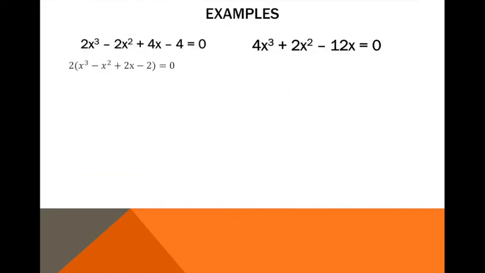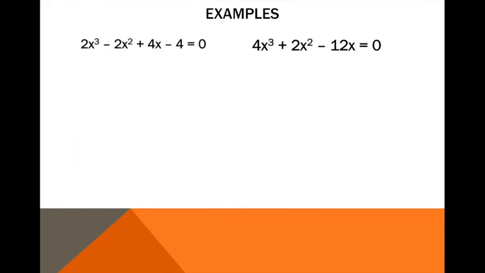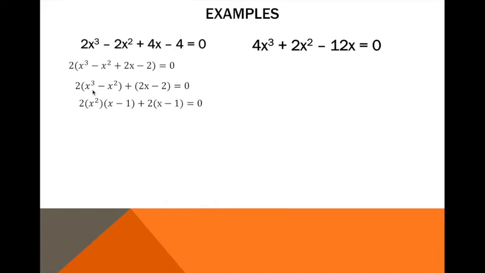Okay, so I can factor out a 2 from this equation. Then I can solve by grouping. So remember, we group the first two terms and the second two terms. Now I need to factor out my GCF.